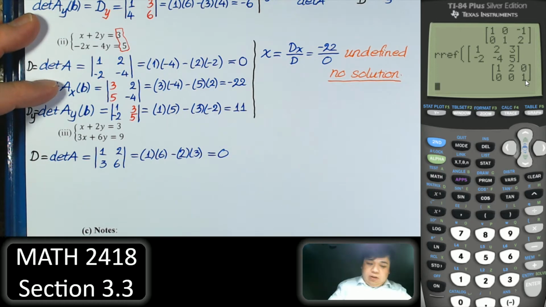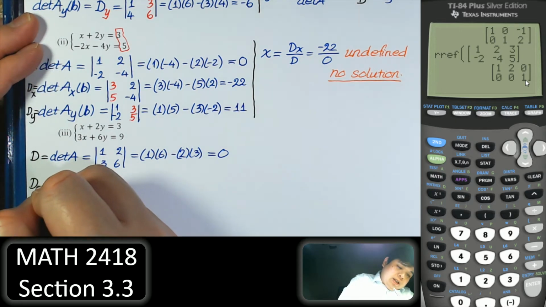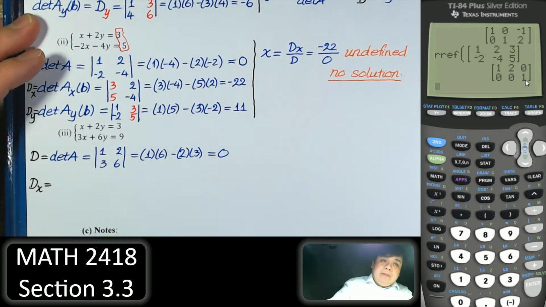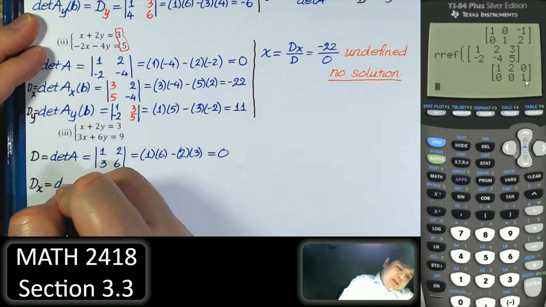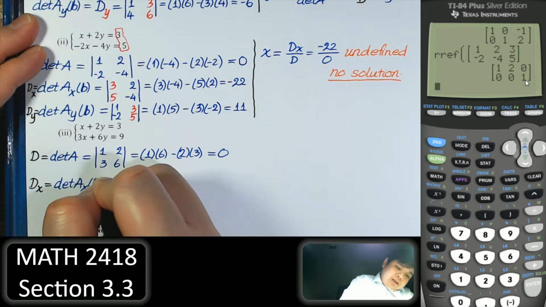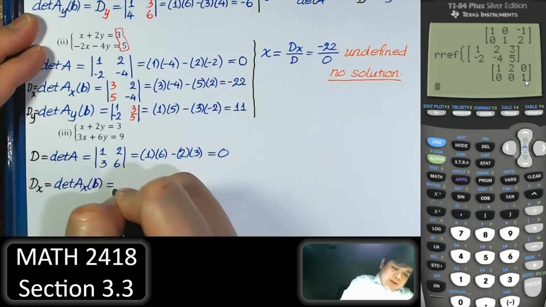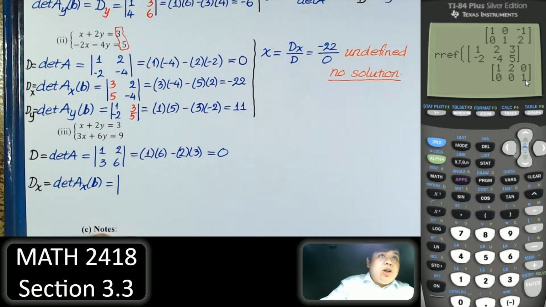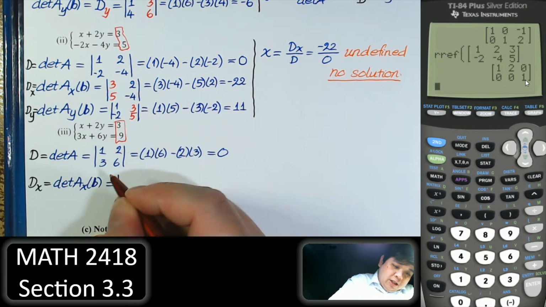That equal to 0. Now dx, right, so replace the last column into x.